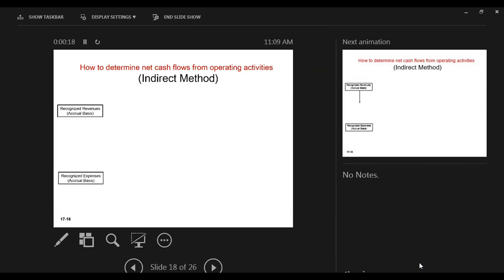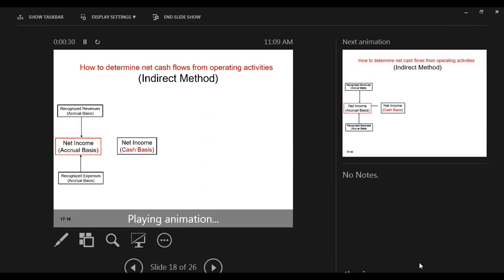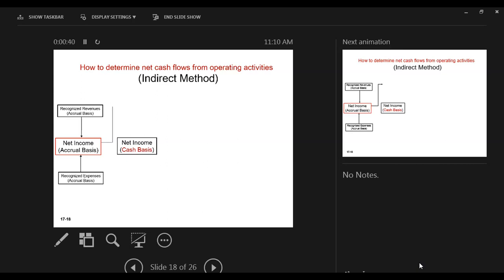Question will give you this accrual basis revenue and this accrual basis expense. Now we have to convert it to the cash basis. Do you understand? The question gives us accrual basis revenue and expense, and we have to convert it to the cash basis.